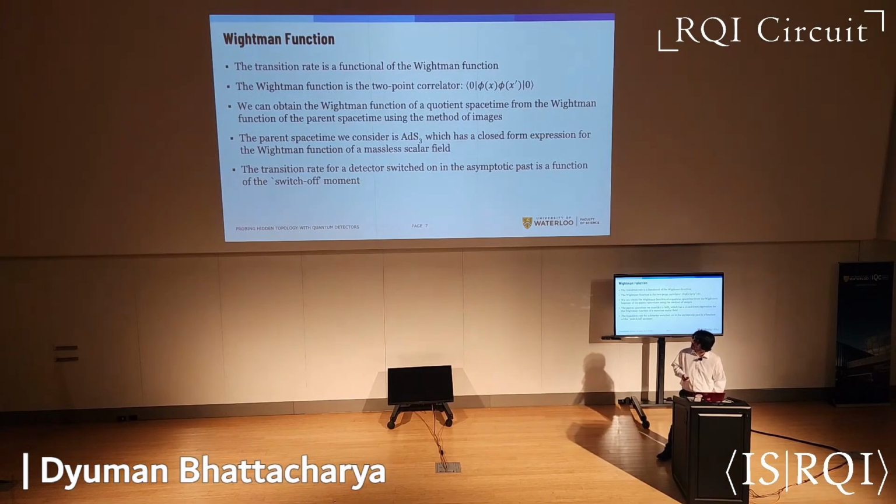The parent spacetime we consider, as you might have guessed, is anti-de Sitter space, which has a known closed form expression for the Wightman function of a massless scalar field. And the transition rate that we will consider is for a detector that's switched on in the distant past and is a function of the readout time, which is to say the moment the detector stops interacting with the field.